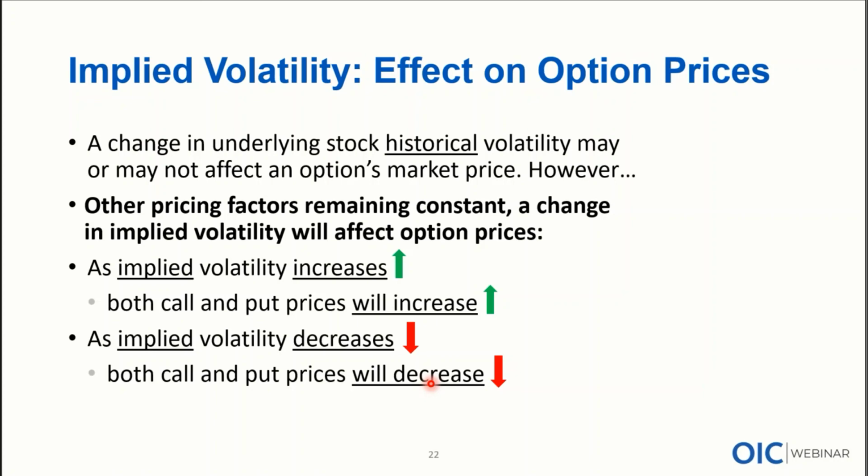Really not going to make a difference. But going out a year, if you increase volatility by 1%, now you've got a year to incorporate that increase in volatility, then yes, that range of stock prices will widen, and those longer term options will have a bigger effect from those volatility changes.